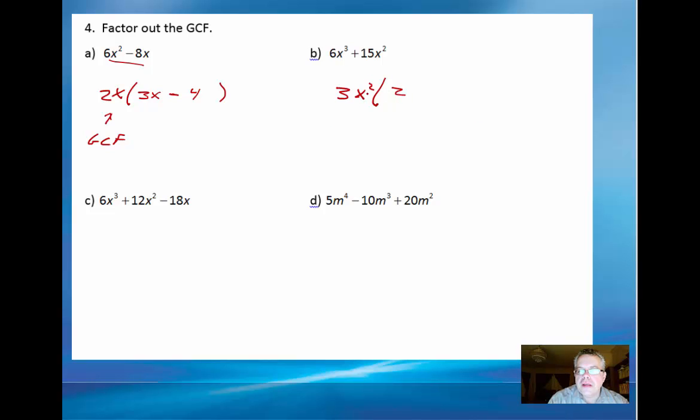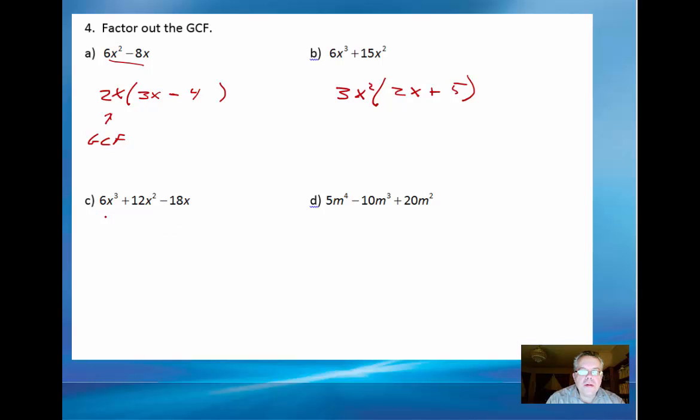I have 2 x's, I need one more to make x cubed, so I need an x here. X squared times x is x cubed, plus 3 times what is 15? Well, 3 times 5. I have 2 x's already, I'll only need 2, so I don't need any more x's. There it is, factored. Once you get the hang of this, it comes very naturally.